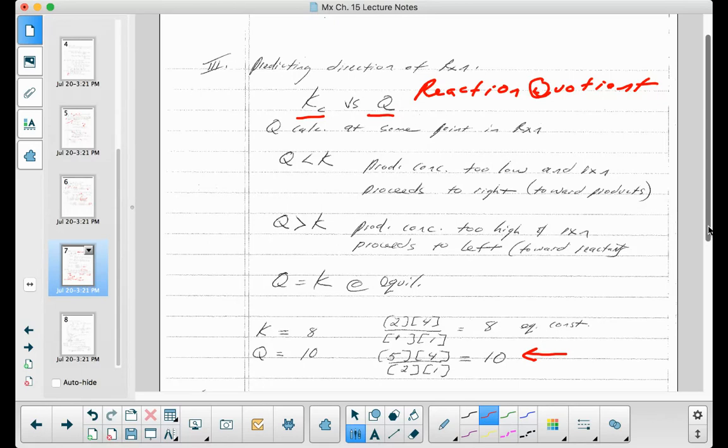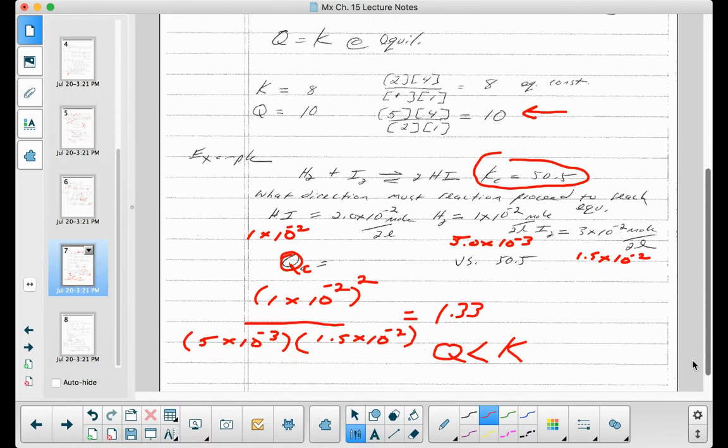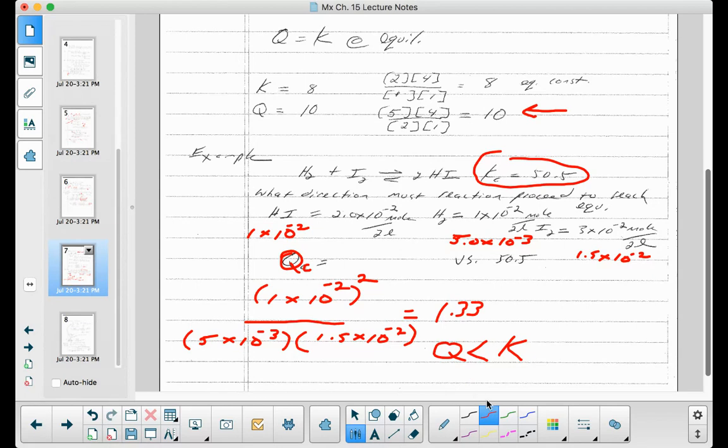So let's go through a quick example of this. So here's a reaction where I have hydrogen reacting with iodine, producing 2HI. And so what direction must the reaction proceed to reach equilibrium? That's what I'm trying to figure out. I know my Kc value, that's my equilibrium constant, is 50.5. So let's say that my random point in the reaction has these concentrations, or these mole values per 2 liters.